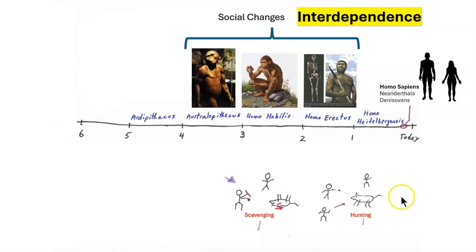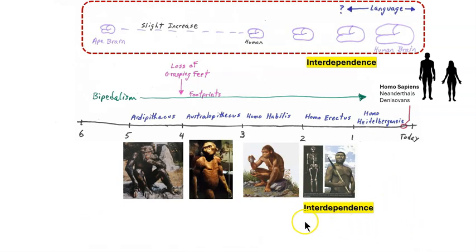Because they were living in a new environment, the grassland, with new opportunities, but also new threats. Interestingly, the idea that the hunting way of life may have required greater levels of interdependence corresponds with the time frame of when we see the increase in brain size in the fossil record.